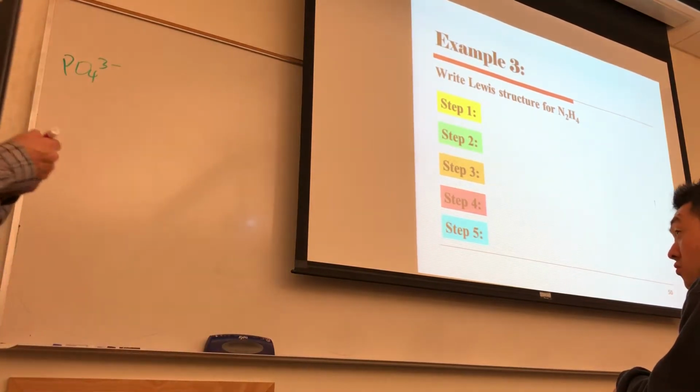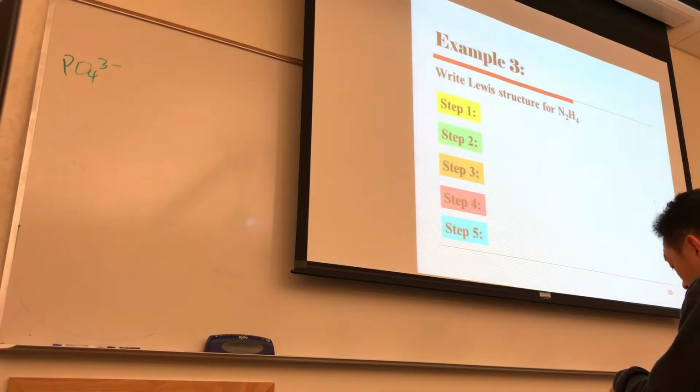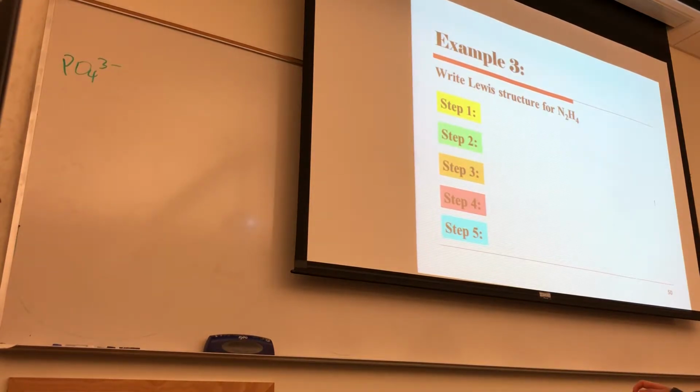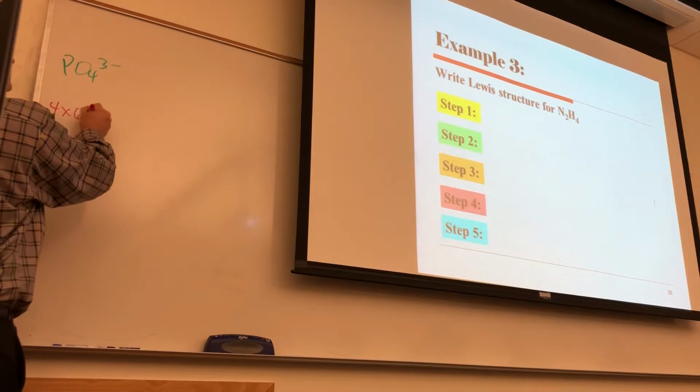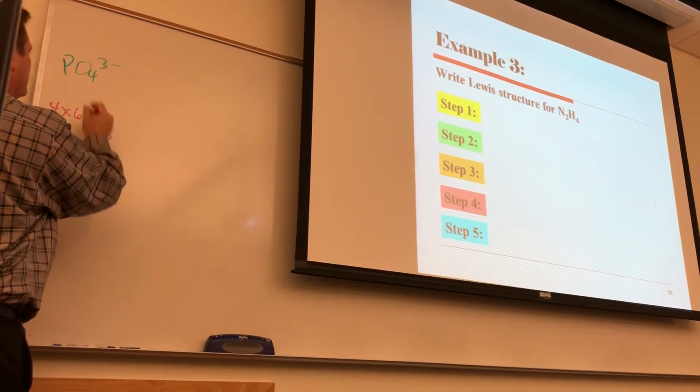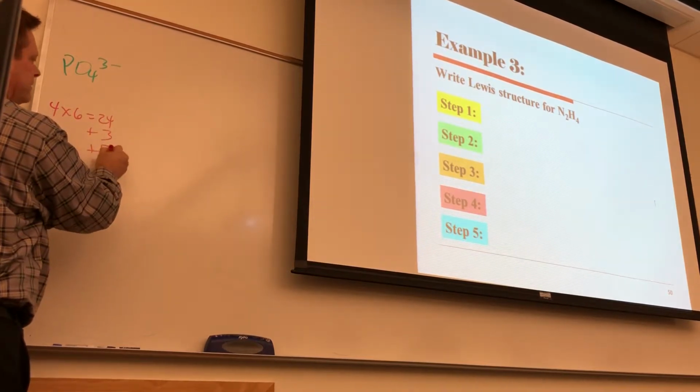How many valence electrons do I have here? 4 times 6 is 24, plus 3, plus 5, right?